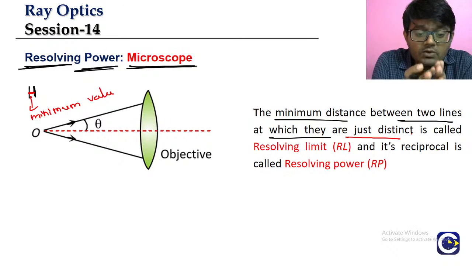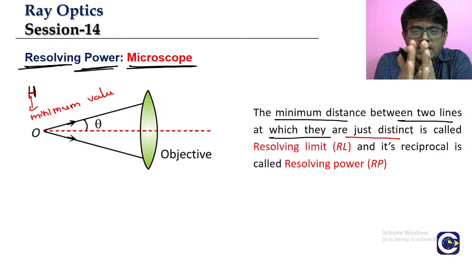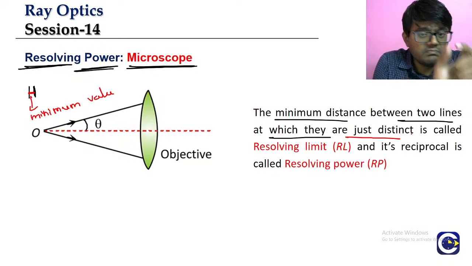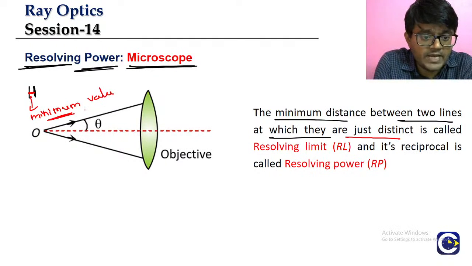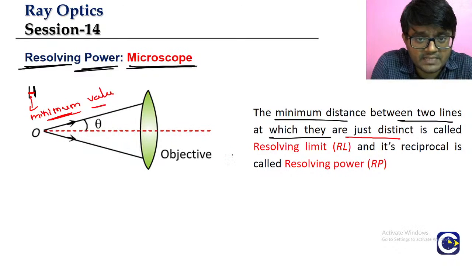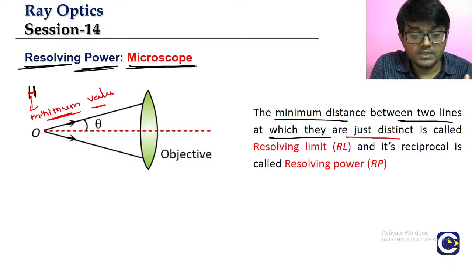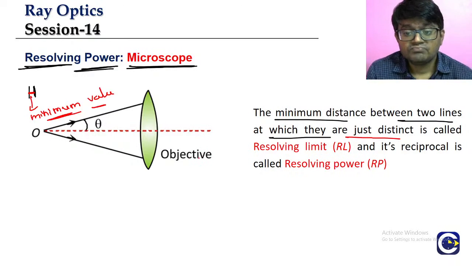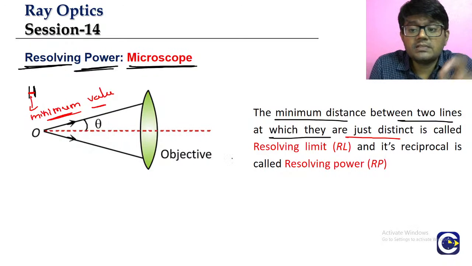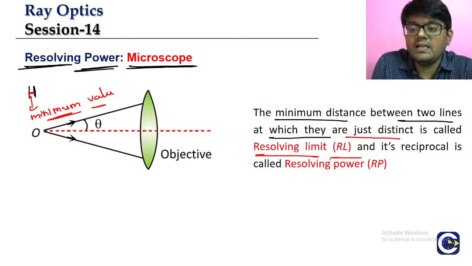So we are considering very thin lines which have that minimum separation, the minimum value of the distance between them for which the microscope can give us a distinct image. This minimum distance is what we call the resolving limit.